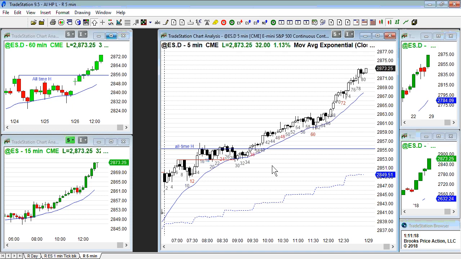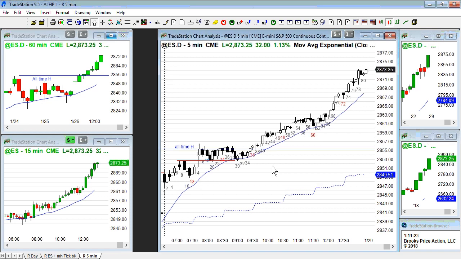You cannot make money, and if it's impossible to make money selling, that usually means the market is going higher, and therefore you can buy for any reason at the market, below bars, above bars, buy closes. Usually the market will keep going up until it's fairly easy for the bears to make money. And it was not easy for them to make money here, and it was impossible for them to make money here.